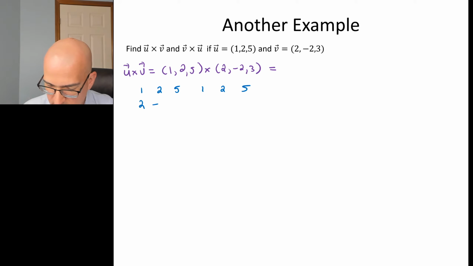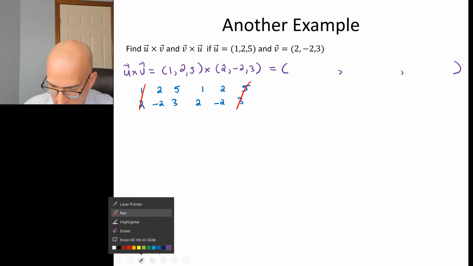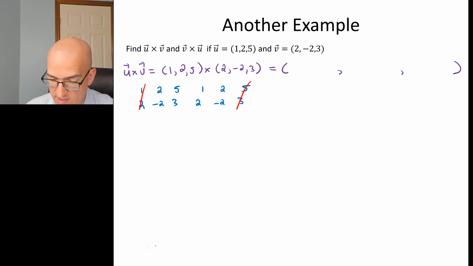And then 2, negative 2, 3, 2, negative 2, 3. And we destroy the first and the last pairs on the left and the right sides respectively. And put a little bracket up here with some commas and maybe a little bit more space. But this time I'm going to do the multiplications all at once.